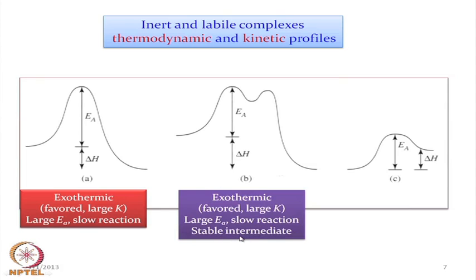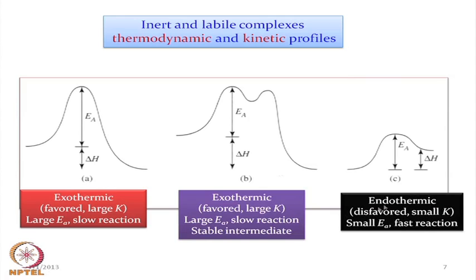In the third case we have an endothermic reaction, because delta H is greater than 0 and therefore the reaction is disfavored, which has a small k value. A small k value also tells us about a positive free energy change, but at the same time our EA value, the energy of activation, is also small and we get a very fast reaction. So, this gives us some important idea about the different types of reactions.